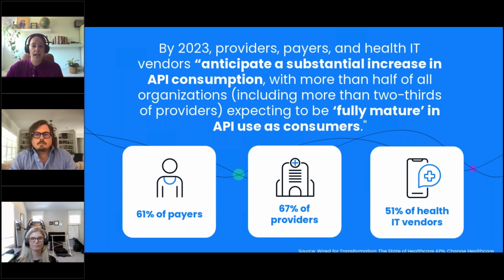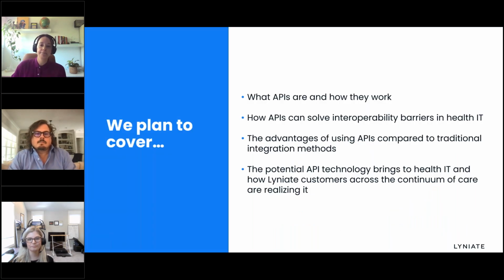Maybe you're onboarding digital apps or business systems that require you to scale up your skill set to know how to work with APIs in your current applications. Or simply you recognize the benefits and efficiencies and aren't there yet. So regardless of why you've come to the webinar, you've come to the right place to learn how Lineate's working with customers regardless of where they are on their journey with API adoption.